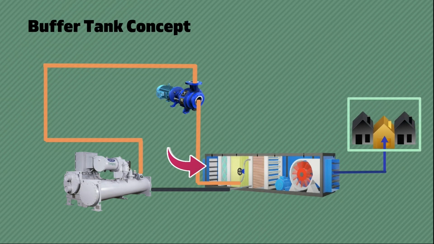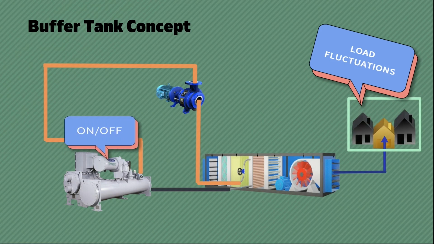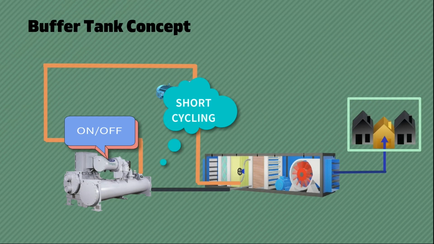Now if there is a load fluctuation in the building, what will happen? It's simple. The compressor will not understand and it will just simply turn on and off. So it will result in short cycling. Short cycling means the compressor will turn on and off very frequently.